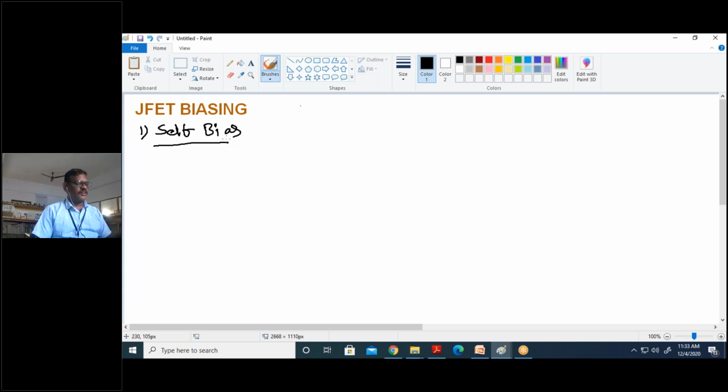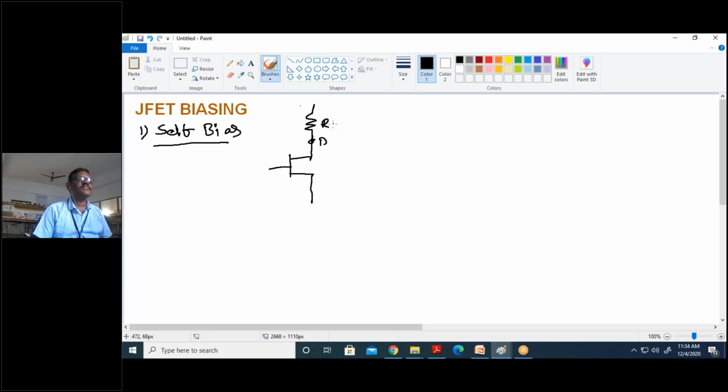In an N channel circuit, the JFET is a 3-terminal device. Here VDD is positive, VDD connected to the drain.